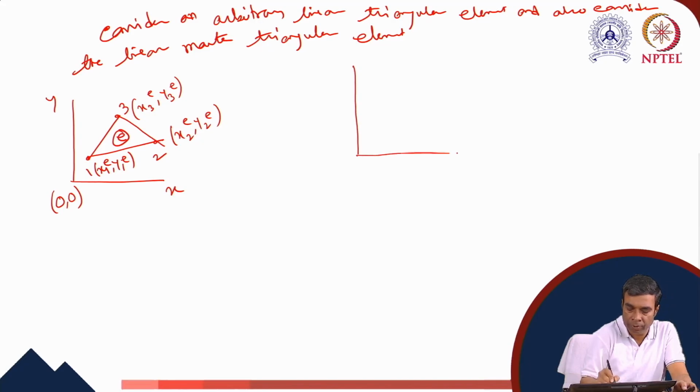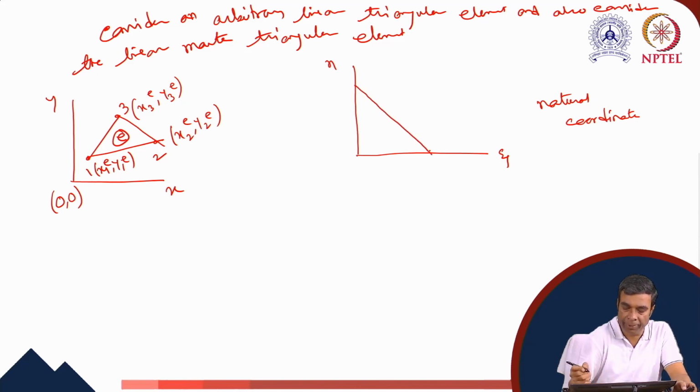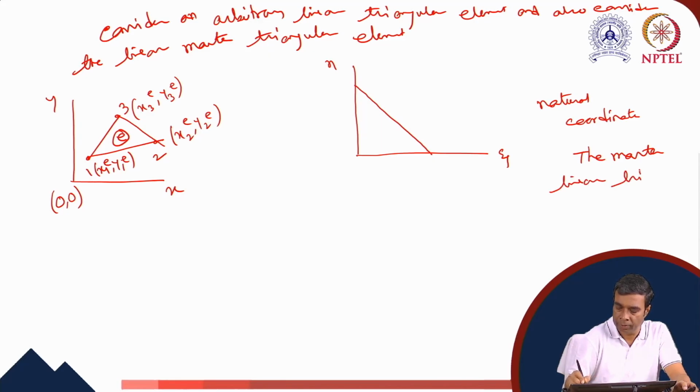Now in the natural coordinates xi, eta, we have a corresponding master element, which is a right angled isosceles triangle. The master linear triangular element is a right angled isosceles triangle.